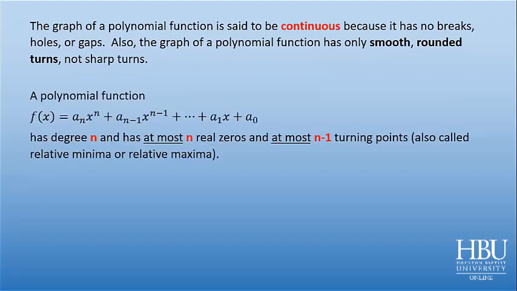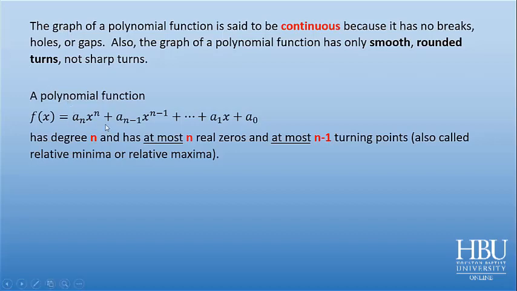A polynomial function f of x equal to a sub n times x to the power n plus a sub n minus 1, x to the n minus 1, and so forth, plus a sub 1 x plus a sub 0, is said to have degree n and has at most n real zeros and at most n minus 1 turning points, or relative minima or relative maxima.